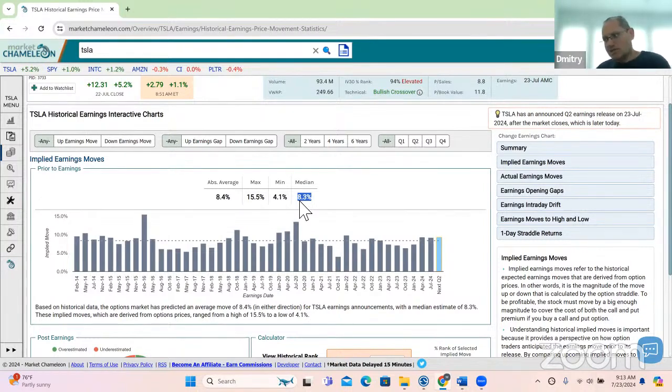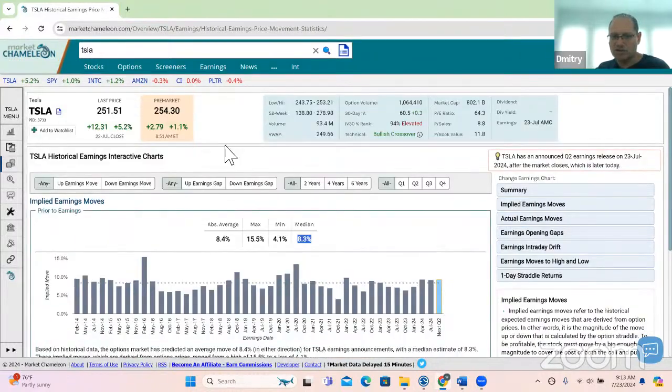It would make sense for the straddle to be priced higher in the morning than at the end of the day. You can see that even in pre-market, Tesla already has a 1.1% move alone. So that doesn't look like anything unusual. It doesn't look cheap, it doesn't look expensive. It's probably just in line.